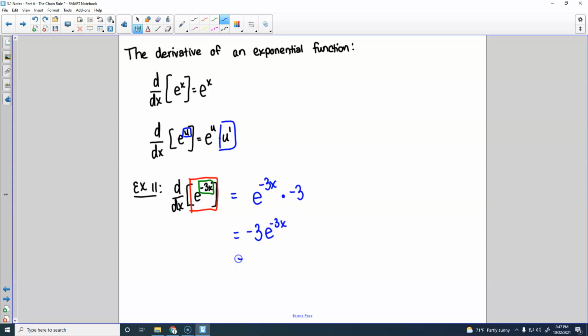And you may even see it look like this, negative 3 over e to the 3x, since you have that negative exponent. Okay. Questions?